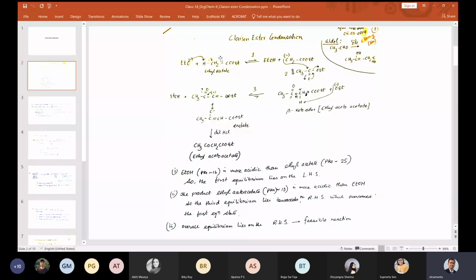This is not 3 different steps that you are doing. This is a one step reaction, but for the sake of our understanding, we split it into 3 different equilibria going on inside. So basically, this is a simultaneous reaction. Yes. Okay, sir.